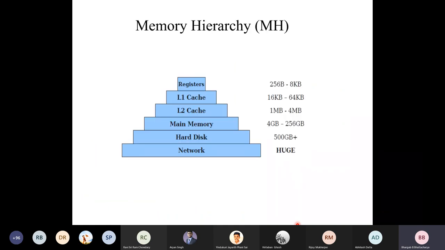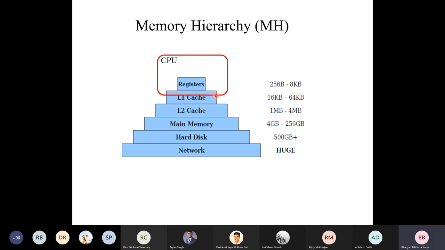Well, so memory hierarchy we just touch upon here very quickly, that we have registers and then this L1 cache, L2 cache, main memory, hard disk, and network. As you can see that the capacity increases in this direction. Okay, CPU includes register and some on-chip cache also.